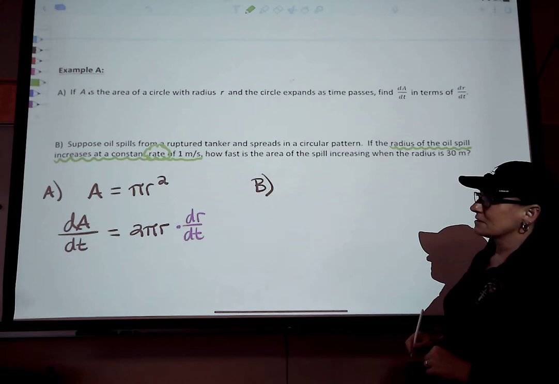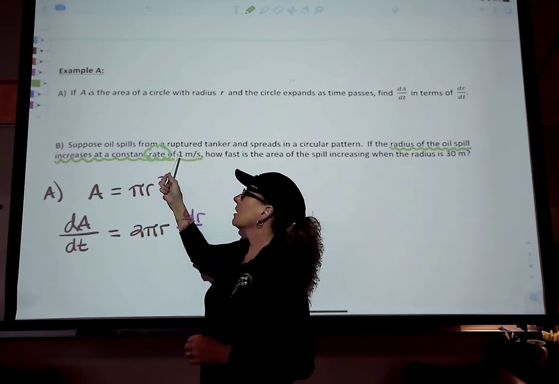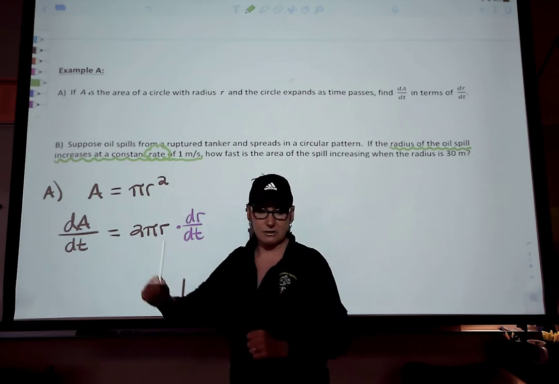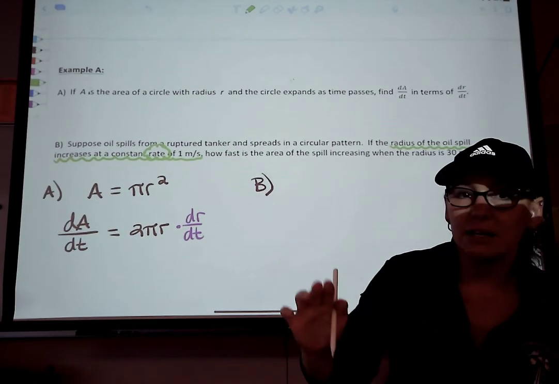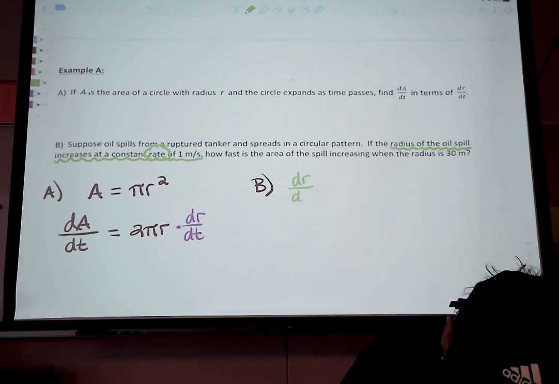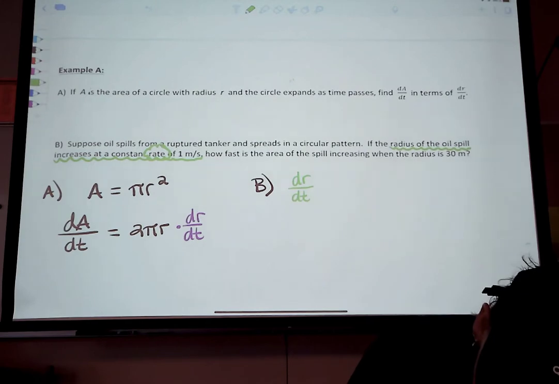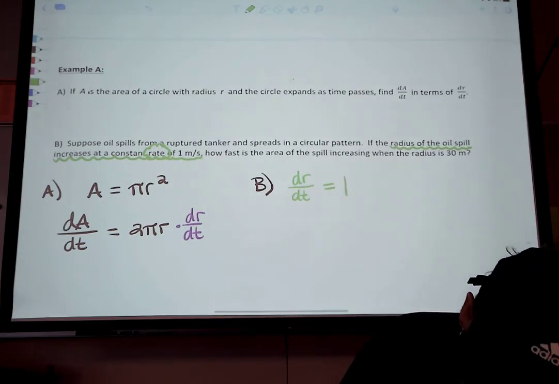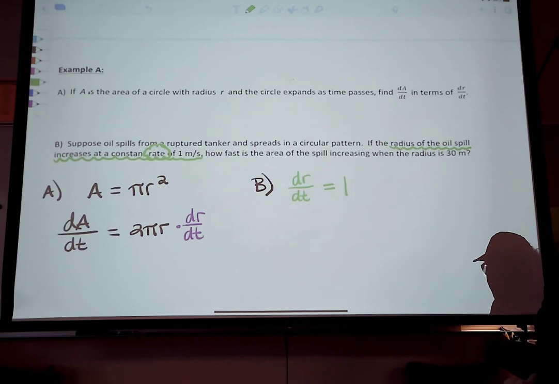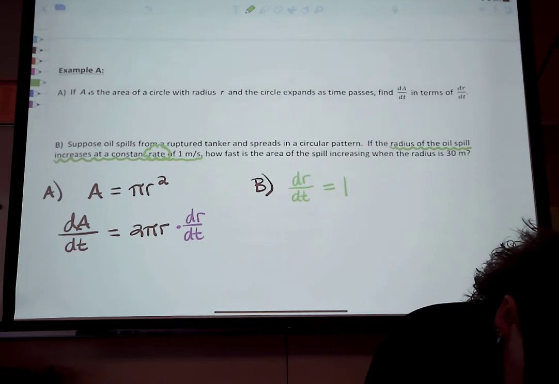The radius has a rate of change of 1. Here's how you're going to write it: the rate of change of the radius with respect to time is 1. Let's keep going and see if it kind of comes together for you.